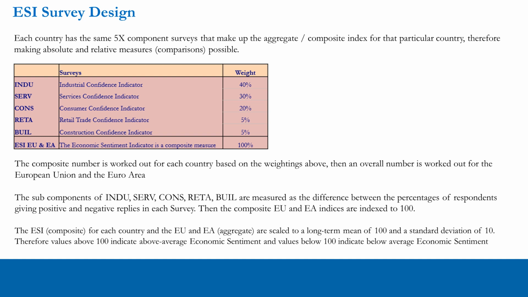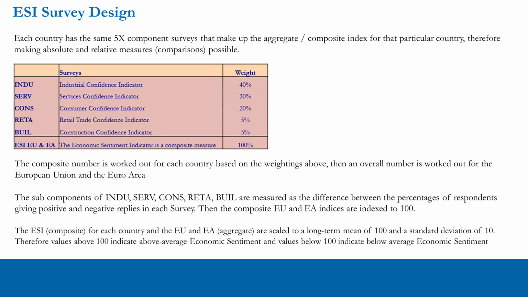So basically, these are like the equivalent in the US to the ISM manufacturing survey and the ISM non-manufacturing or services survey. We also have the equivalent in Europe of our UMCSI, our consumer sentiment index. The consumer confidence indicator in Europe makes up 20% of the ESI.